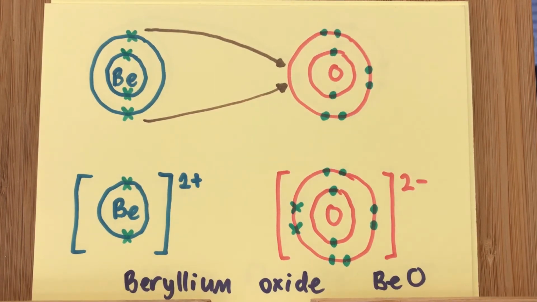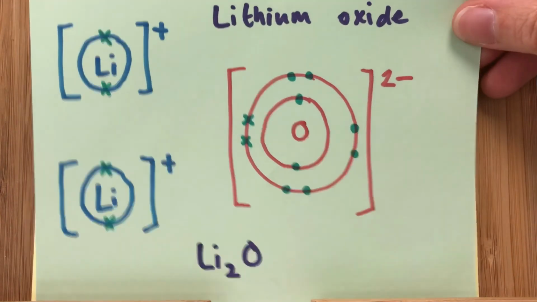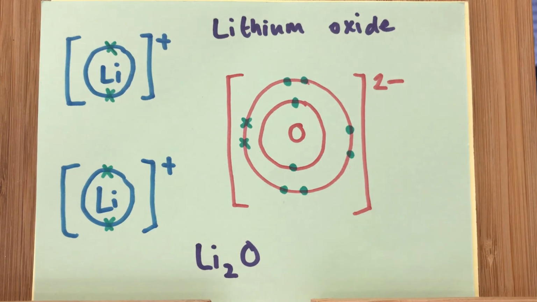Let's look at one that's a bit more complicated now. It's on a different colour card because it's stepping up to our most difficult level of ionic bonding. So here we've got lithium oxide. Lithium, group 1, needs to lose 1 electron. Oxygen, group 6, needs to gain 2 electrons. So one of those gained electrons that oxygen has comes from one lithium atom.